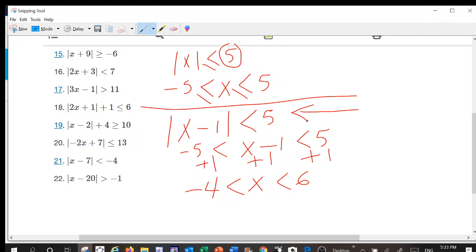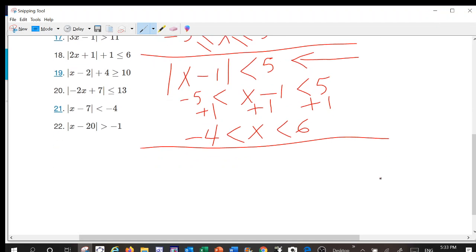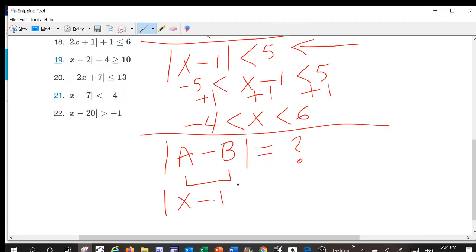Now in general, when you write absolute value of something minus something else, what do we mean by that? We mean the distance between these two numbers. So absolute value of x minus 1 means, what is the distance between x and 1?